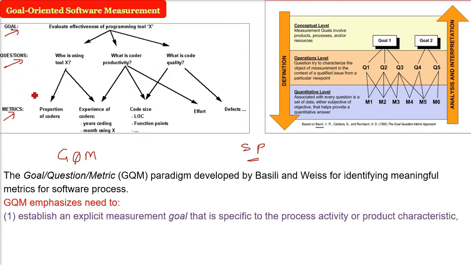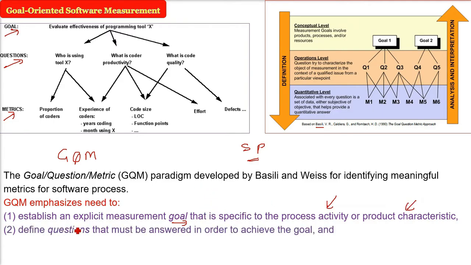Now, this GQM emphasizes what your goal is, what your explicit measurement goal is that is specific to a process activity or a product characteristic. Then we will try to define certain questions, and those questions need to be answered in order to achieve the measurement goal.